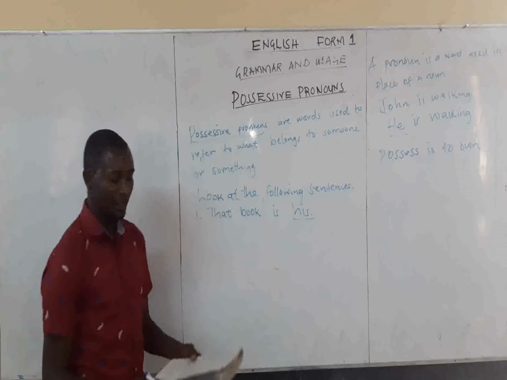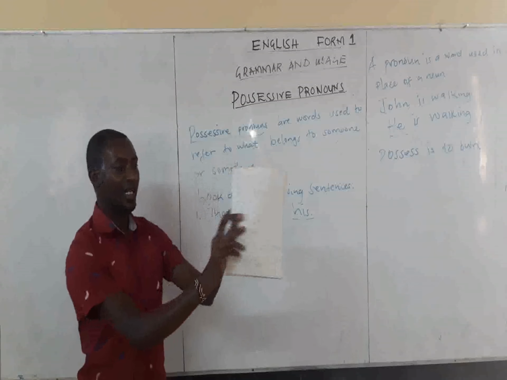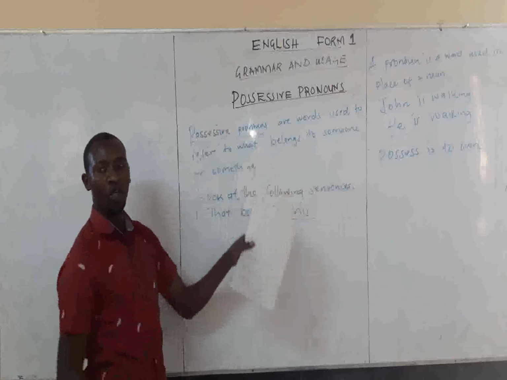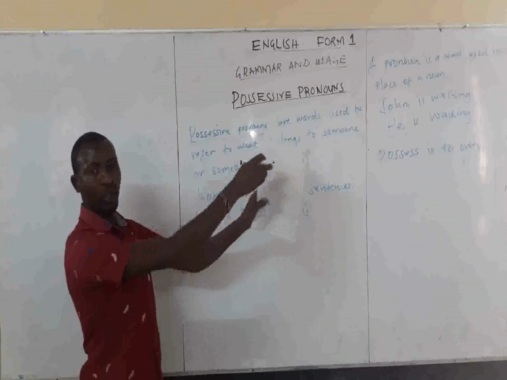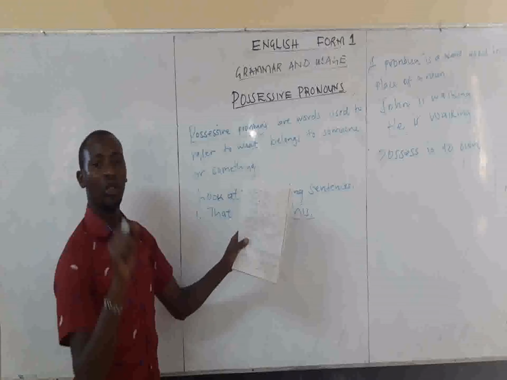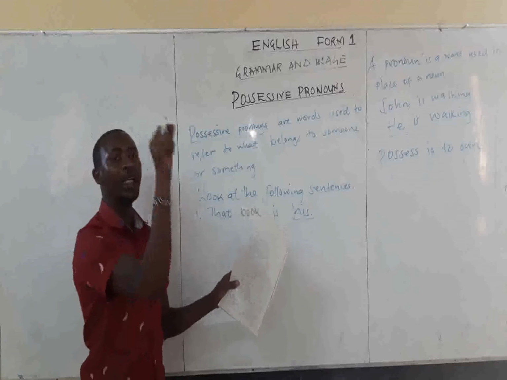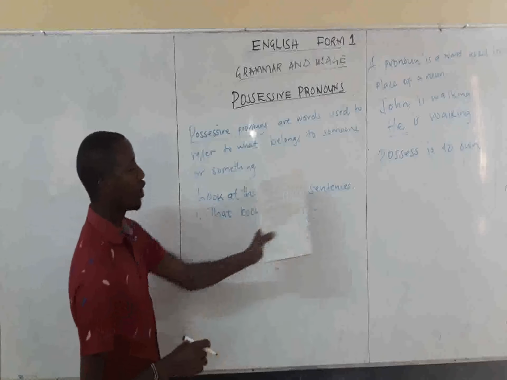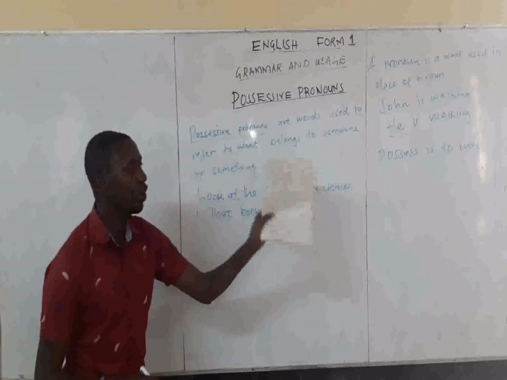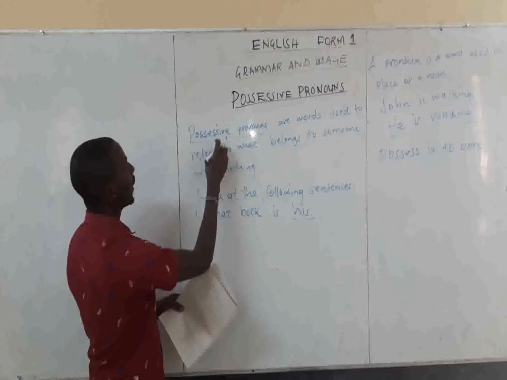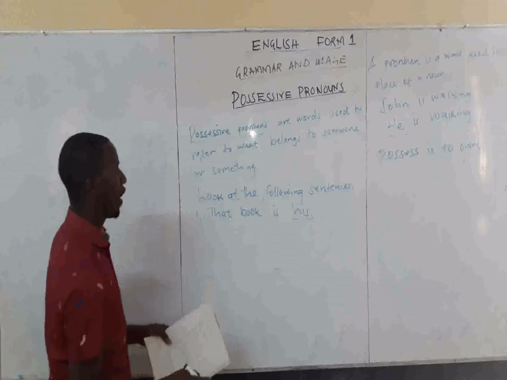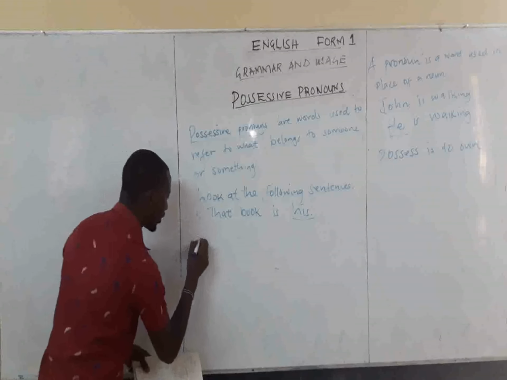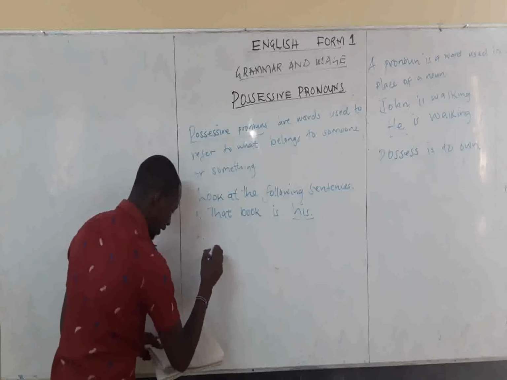It belongs to Otieno. Otieno is a proper noun, and so his is simply standing in for that noun, but here we are showing possession. It is a possessive pronoun.